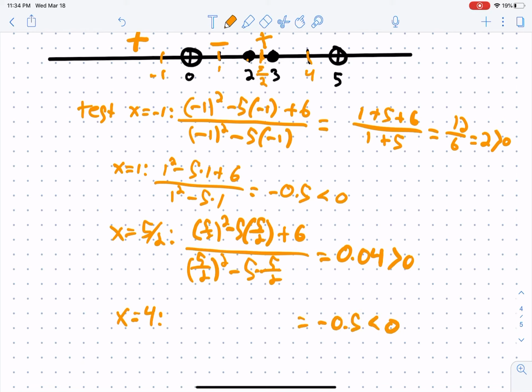So it's negative in that interval between 3 and 5. And then above 5, if we choose x equals 6 and put it in, we get a positive 2. And that one's bigger than 0, so that's positive.